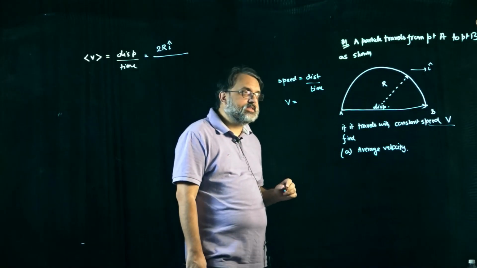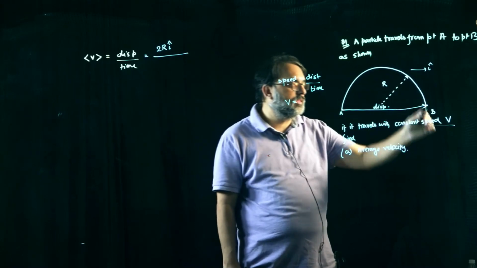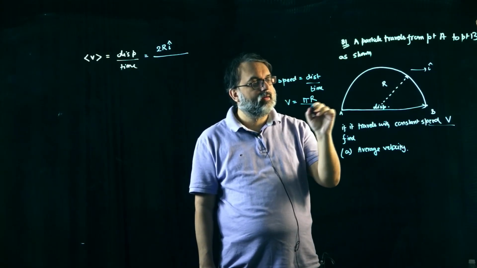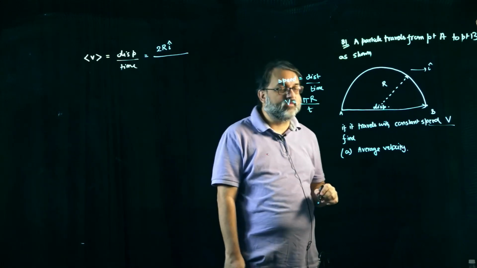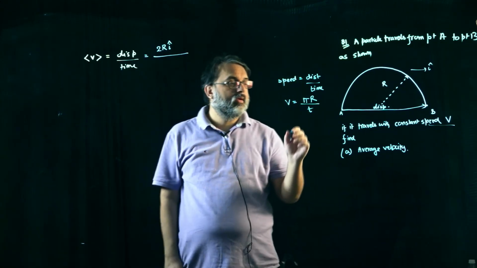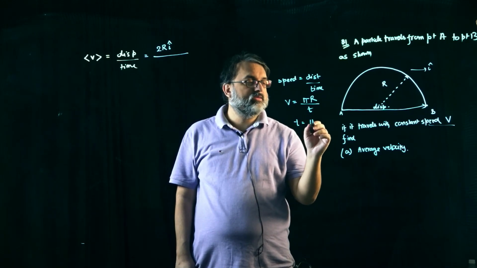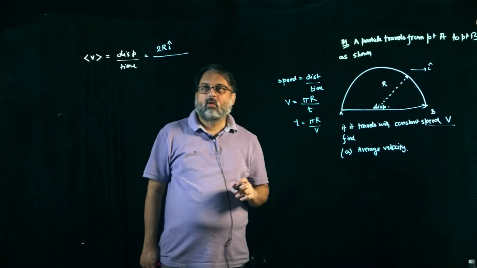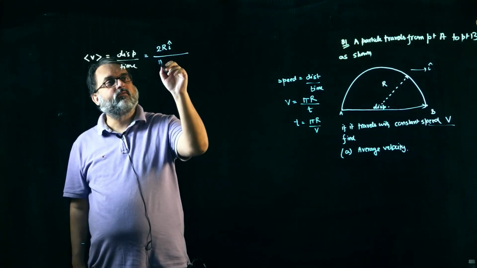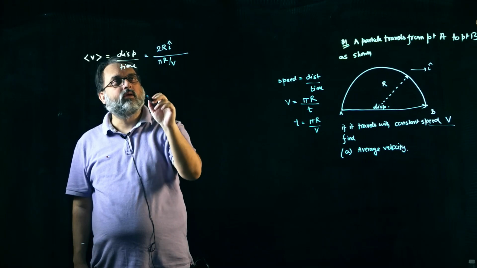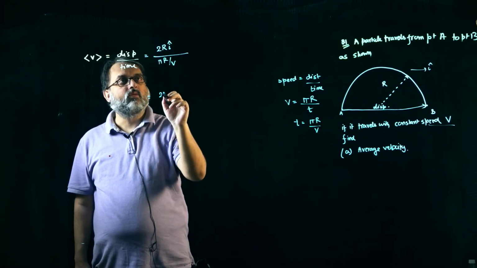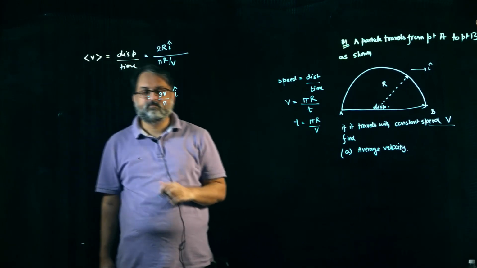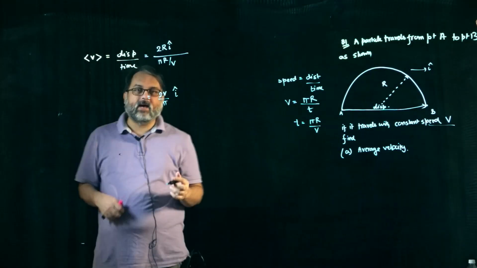And the distance traveled by the particle is this, therefore it must be pi r divided by some time t, which I am after. There is the same time here. So t must be equal to pi r by v. So here I must have pi r by v, and this will be equal to 2v by pi. Okay. And this is the average velocity.